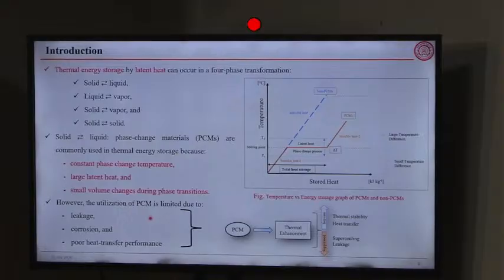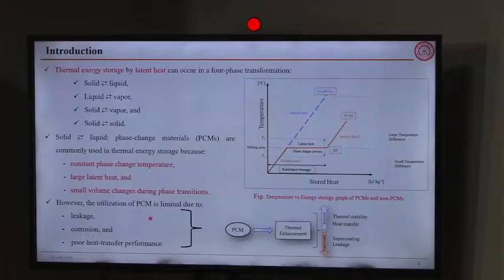Now this phase change material, wax, has a lot of applications when we are speaking about thermal storage. In many practical applications you can think of utilizing the wax. For example, if you want to reduce the temperature of this room during the scorching summer of, say, the month of May, you can layer it with an envelope of wax which will not allow the heat to come from outside to inside.